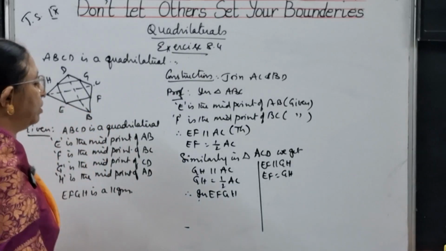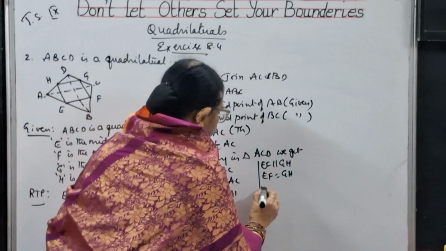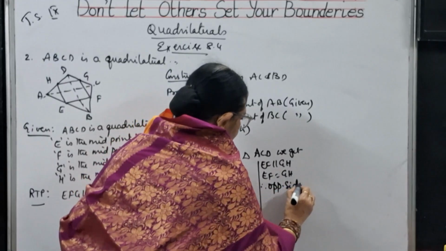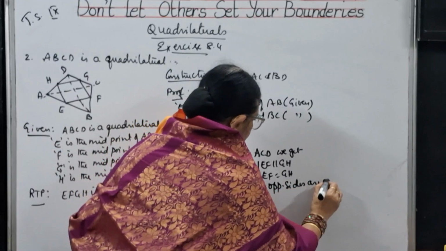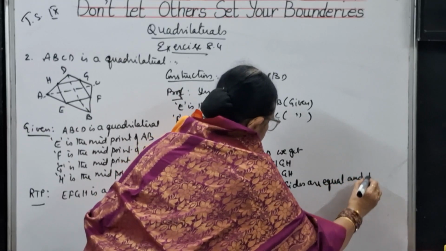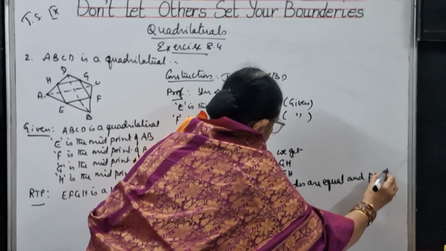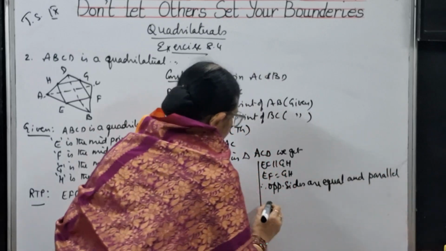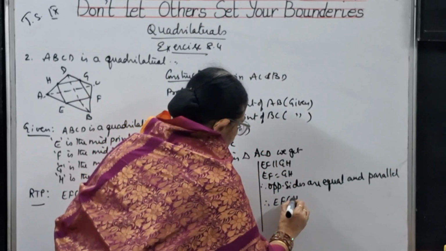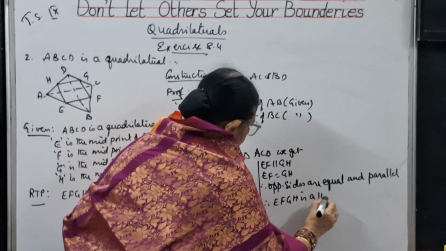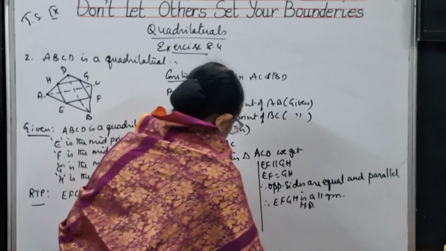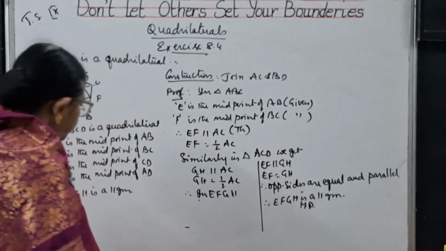So they are equal in measure. Therefore, opposite sides are equal and parallel. This is the property of parallelogram only. Therefore, EFGH is a parallelogram. Hence, proved. This is the proof of this statement, children.